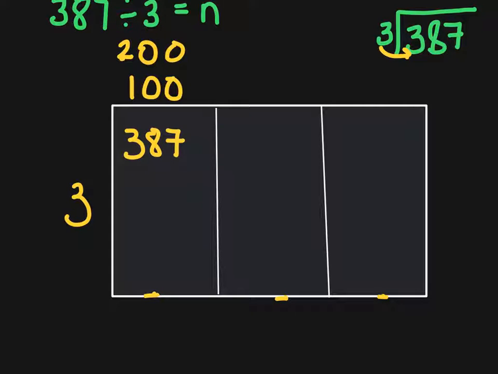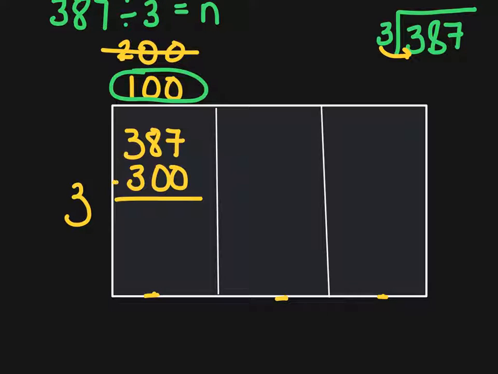But I know when I take off those zeros, 3 times 2 is 6, and add on those 2 zeros is 600. Well, 600 is larger than 387, so I cannot use 3 times 200. I have to use 3 times 100. And 3 times 100 is 300, and I'm going to write that right down here.